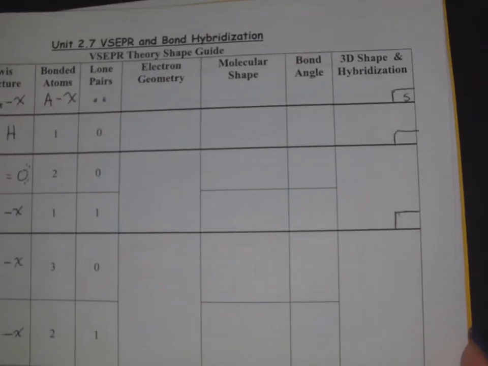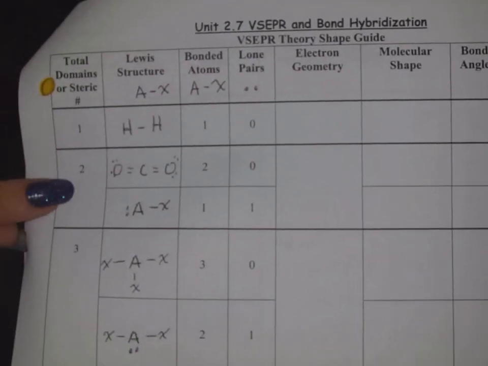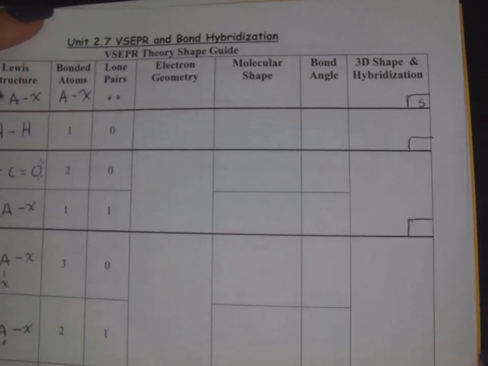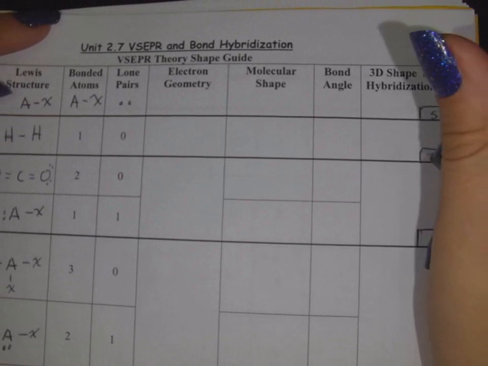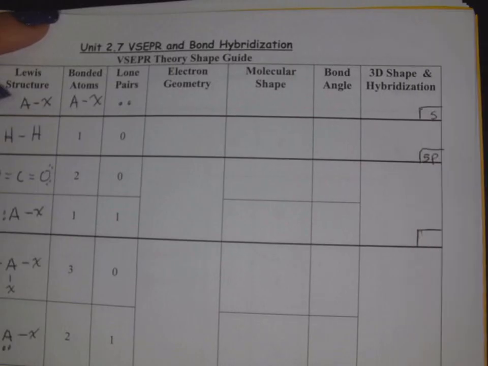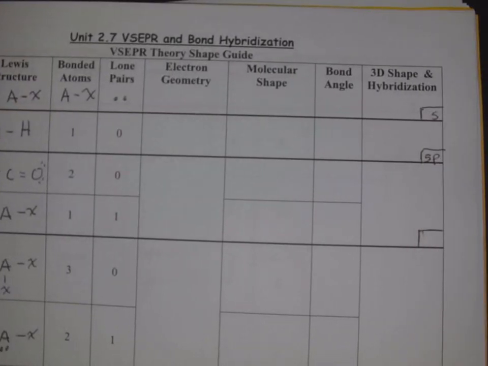Now look at this one. So we have a steric number of 2. So we are going to need 2 orbitals. One of them used to be an s, and then the second one used to be a p. So we would have a hybridization of sp.